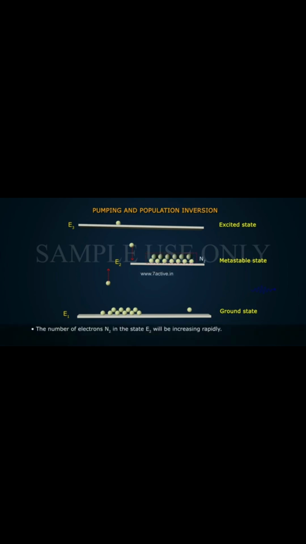The number of electrons N2 in the state E2 will increase rapidly. At some point, the number of electrons N2 is more than the number of electrons N1. That is, N2 is greater than N1. This stage is called population inversion.